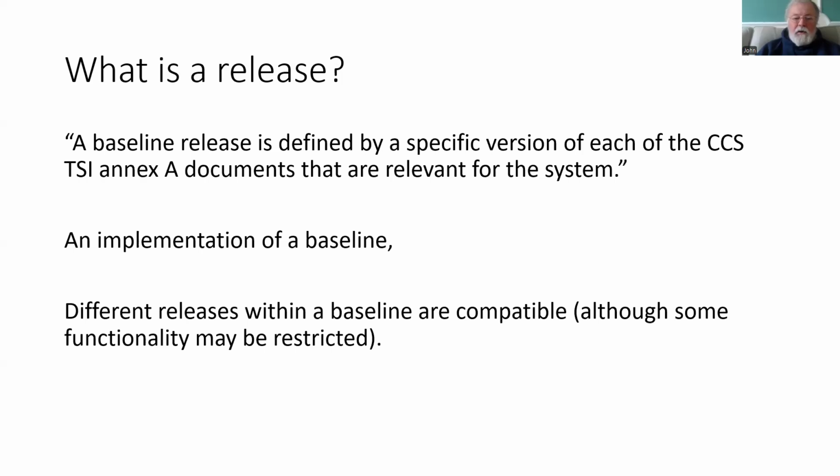Within a baseline, there can be different releases, and each of those are compatible. A train operating with one release within a baseline is by definition compatible with an onboard or trackside of a different release, but within that same baseline. The releases may have some different functionality, so some things may not work in that situation, but broadly, the system will not fall over.